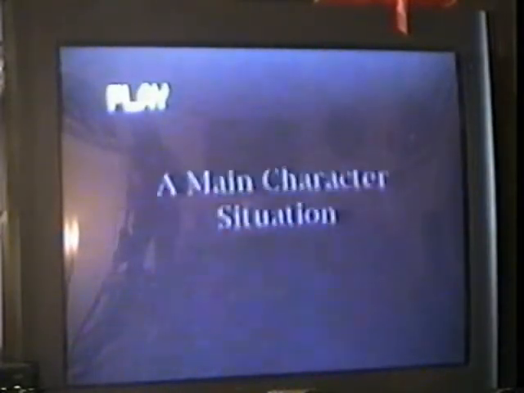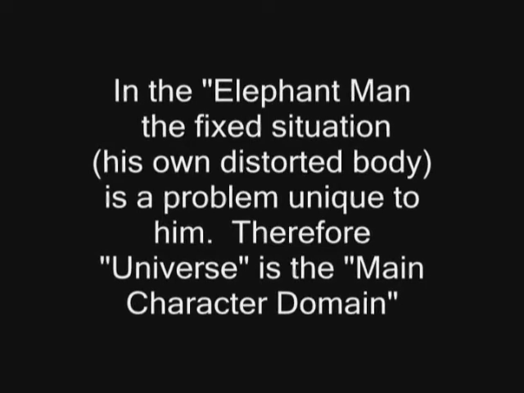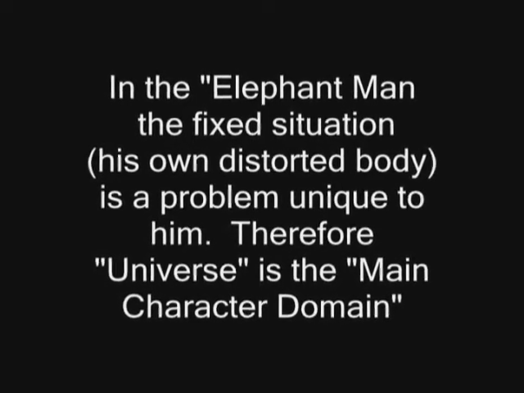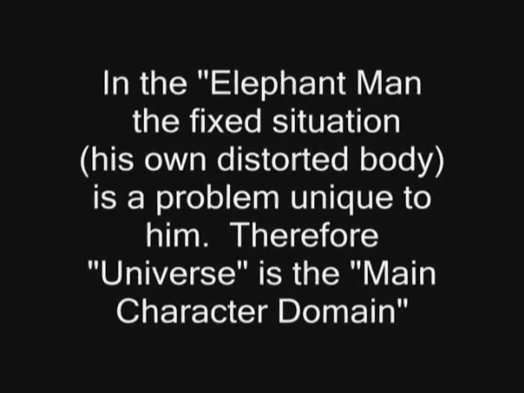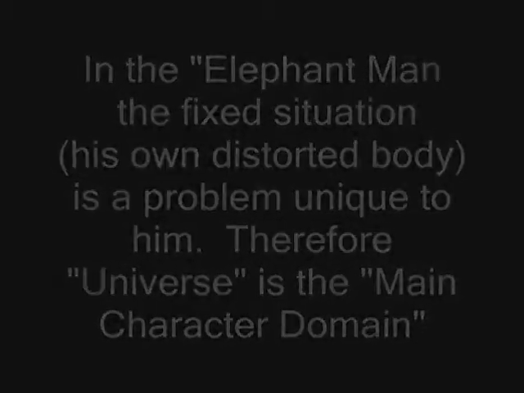It would then not be the domain of the main character, subjective story, or obstacle character. But what is a universe story like if it's personal? Look at the difference here. Just the main character is most strongly associated with a fixed situation. So we've seen now that the Elephant Man that I mentioned before, it's his body itself that is his fixed situation.